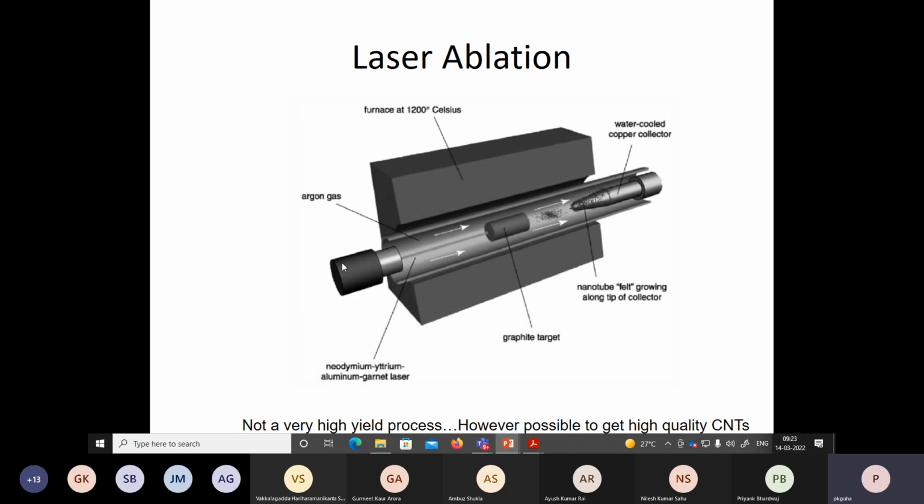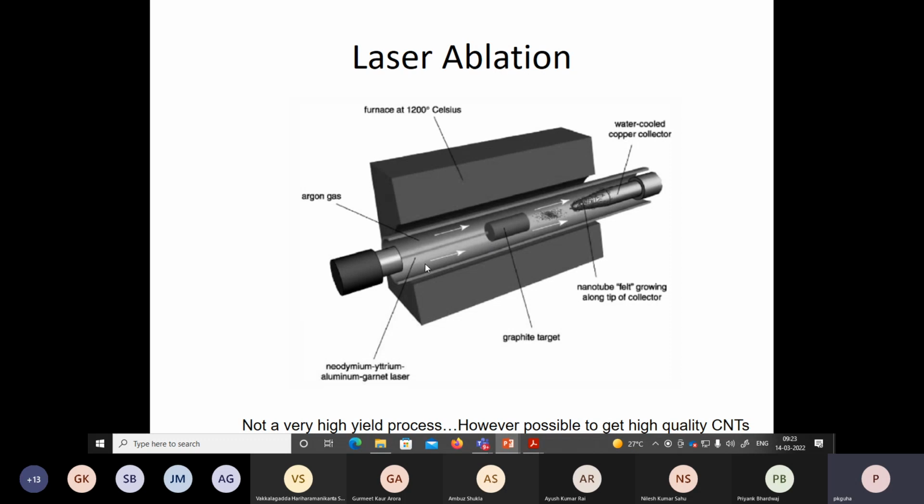One of the components is a laser, okay, because it's laser ablation, and a niobium, yttrium, aluminum garnet laser. Through this laser you bombard a graphite target. Okay, and there is argon gas flowing inside the chamber, and that argon gas is basically taking whatever graphite is releasing because of this laser bombardment.